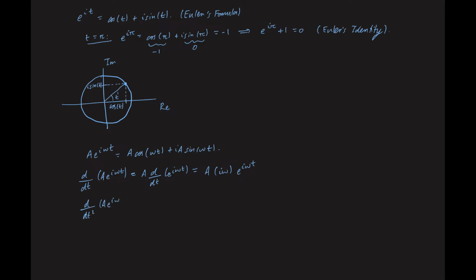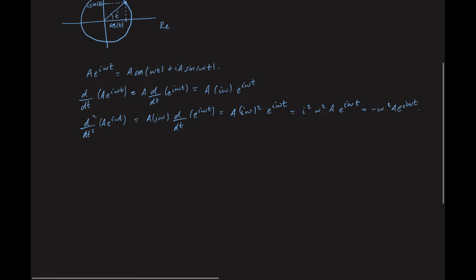If we differentiate this once more, we're essentially differentiating this quantity here, which pulls down another i times omega, so we get i omega squared e to the i omega t. Now i omega squared is equal to i squared omega squared a e to the i omega t, and i squared is -1, so we get that this second derivative is -omega squared a e to the i omega t.